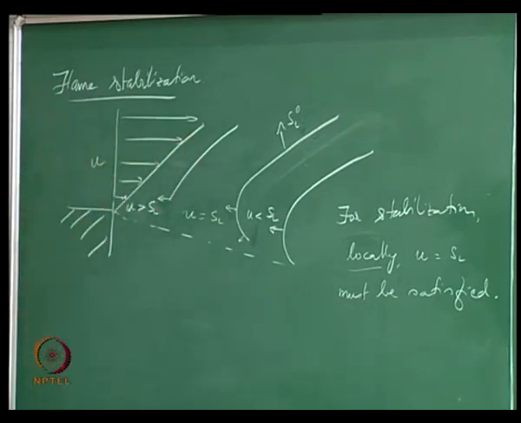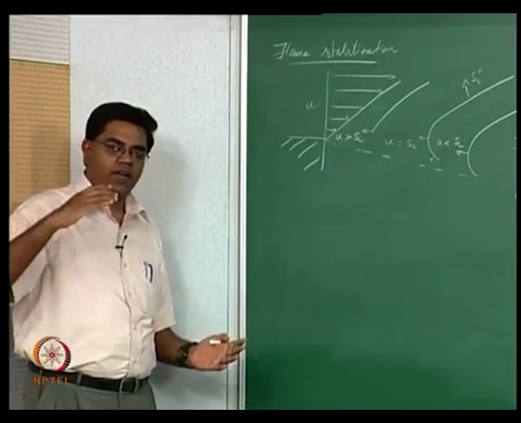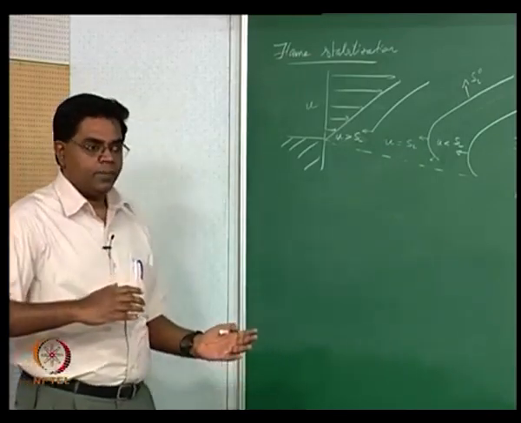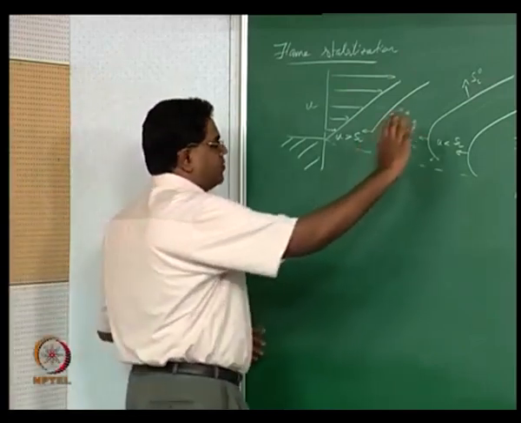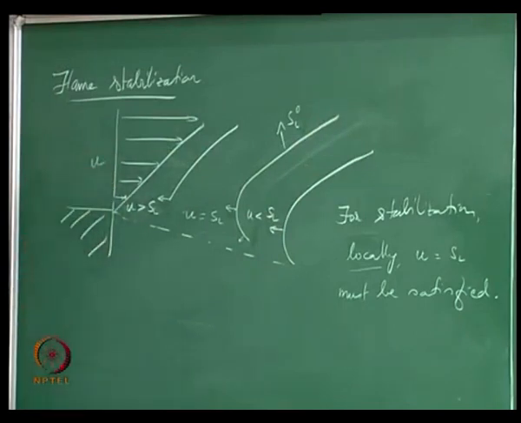So in one case we have a relative decrease of flow velocity with respect to the flame speed, or a relative increase of the flame speed with respect to the flow velocity, in which case the flame has a progressive tendency towards establishing itself closer to the burner, and ultimately you get to a situation where it cannot be held at the burner rim anymore, it wants to propagate even further in, and that is a situation corresponding to flashback.